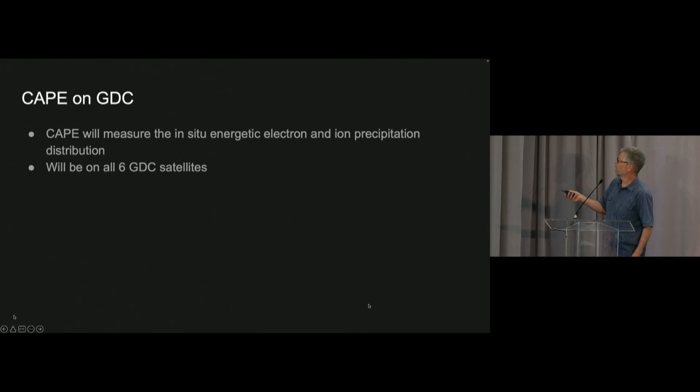So this just shows that we really need to accurately measure the electron and ion precipitation. There's going to be an instrument on GDC that will do this called CAPE, and CAPE will measure the in situ energetic electron and ion precipitation distribution, and it will be on all 6 GDC satellites. And that's it.